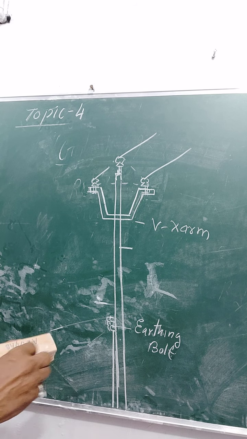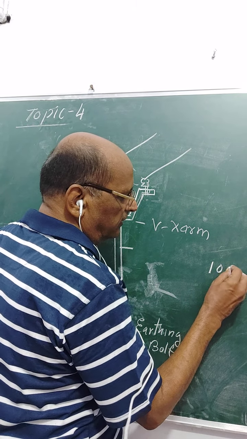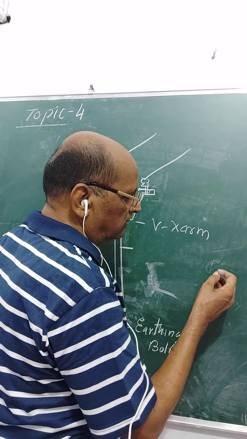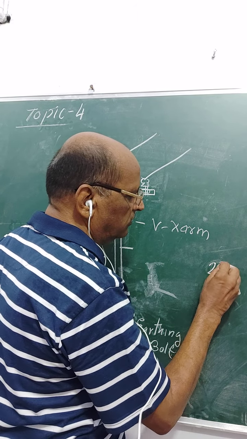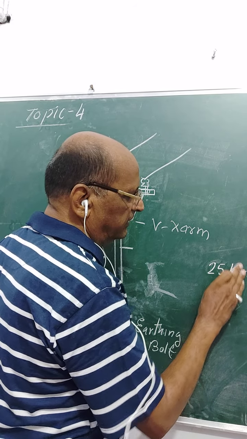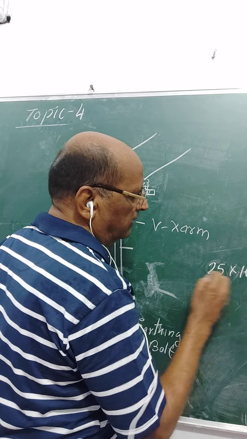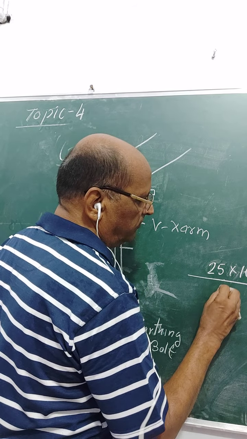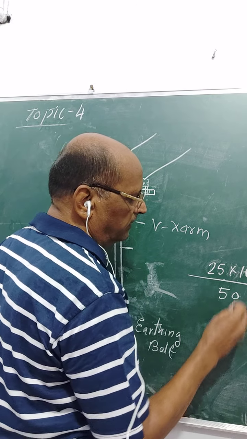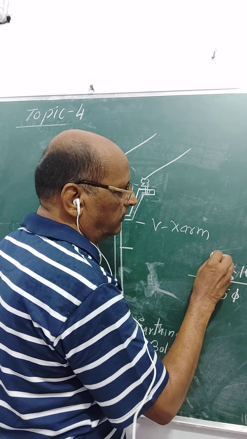So whatever length of line is given to you, suppose 100 kilometer would be very long, so you take a 25 kilometer line. Normally these are radial feeders. So into 1000, this much meter divided by 50, so the number of poles will be 500.